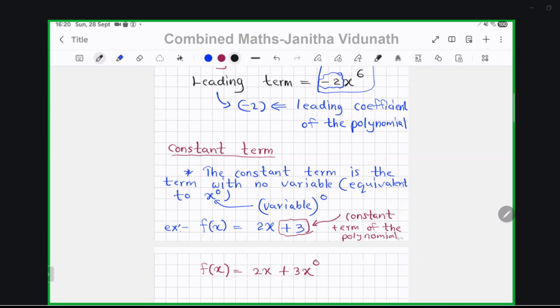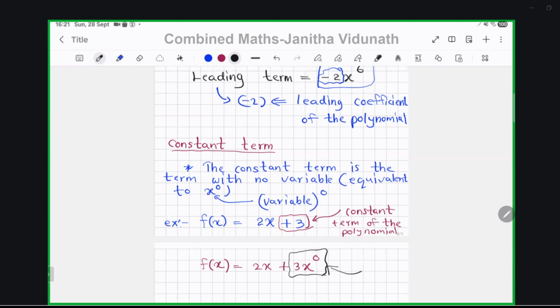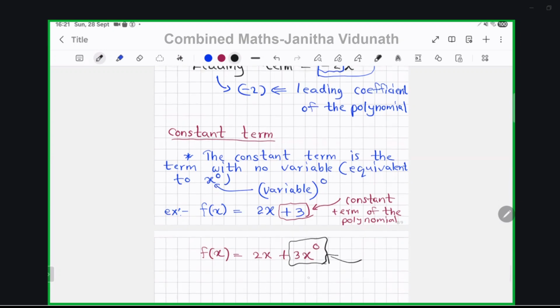Someone can say the coefficient of x to the power 0, or someone can say the term that is without the variable.